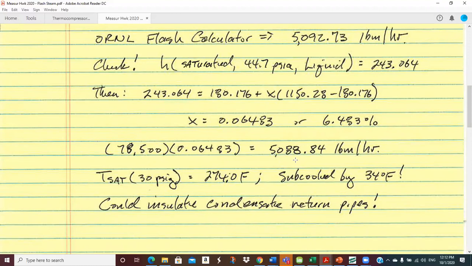So there's the 34 degrees, which brings up another idea. We don't know how much pipe we have, but this is like 2,300 and the other's not quite 5,100. So the difference there, if we insulated the bejeebers, that's a good word, out of that pipe, maybe we could get that condensate back at a higher temperature.